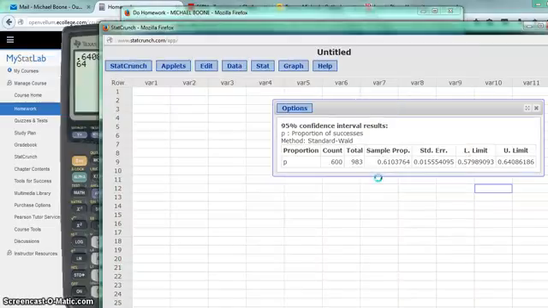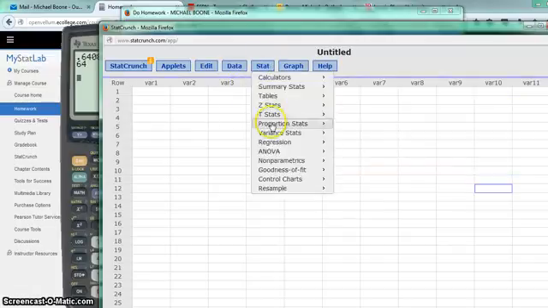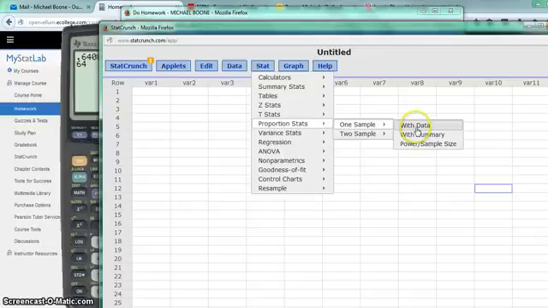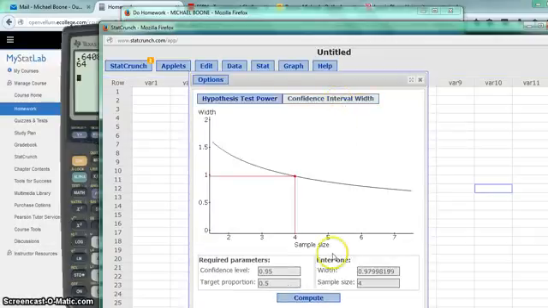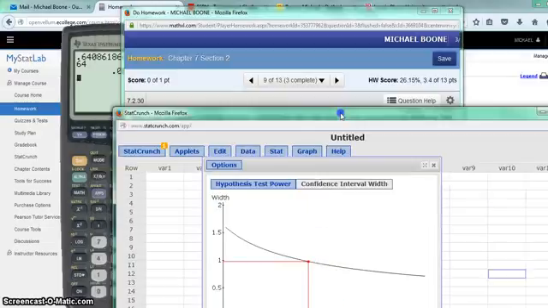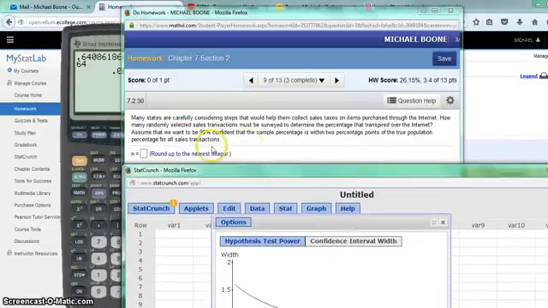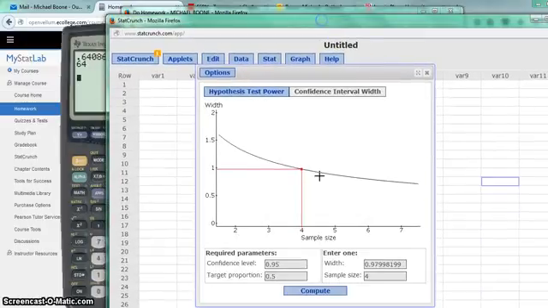In StatCrunch, we would go to proportion stats, one sample, and we're trying to find sample size. We go to this confidence interval. It said we wanted to be 90% confident and within 2 percentage points. So our confidence is right here.